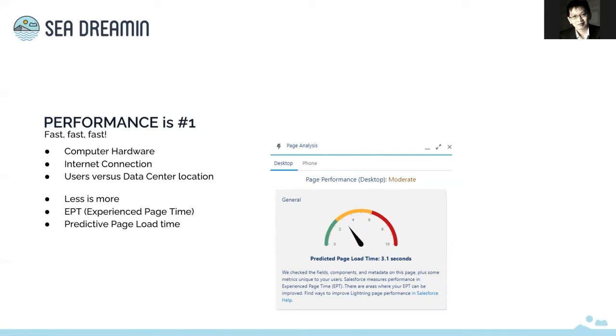If you can reach the green area, it's much better. But this is just a predicted page load. The real page load still depends on the hardware, location and interconnections. So if your users are farther from the data centers, it takes more time and the page will load slower.